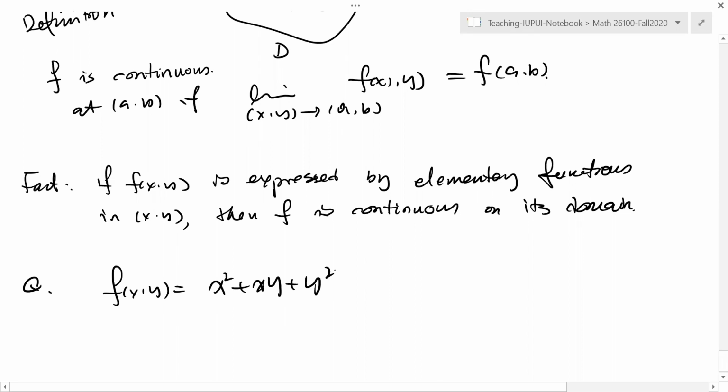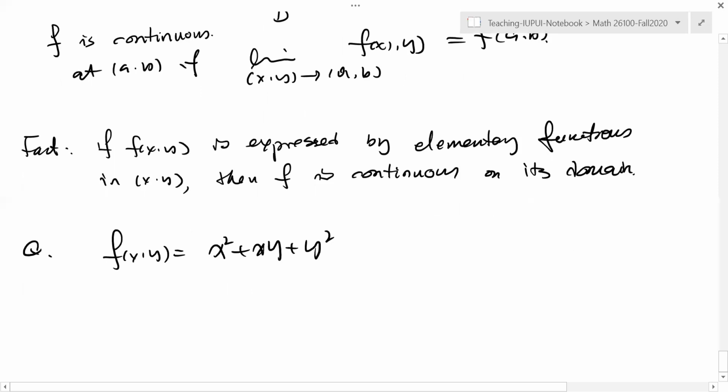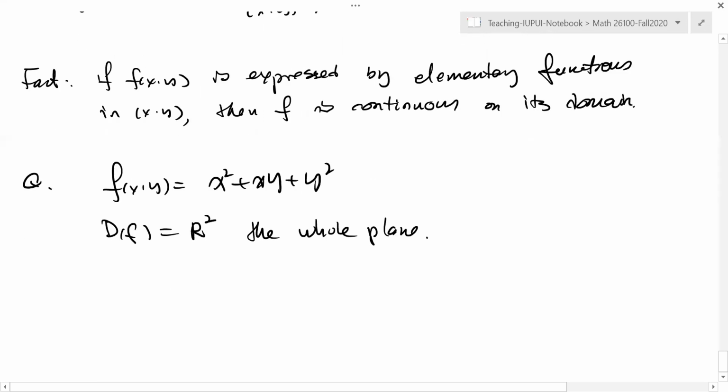It's an elementary function because you can write it clearly. Elementary functions use sine, cosine, square root, products, polynomials. So the domain of this function is the whole plane.